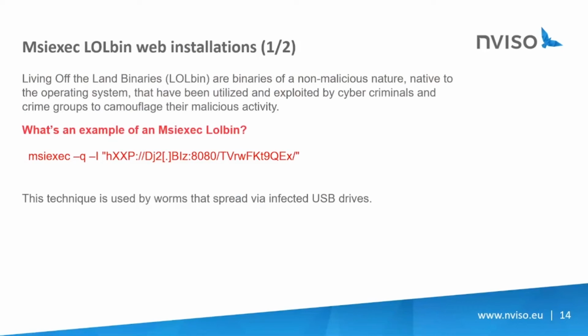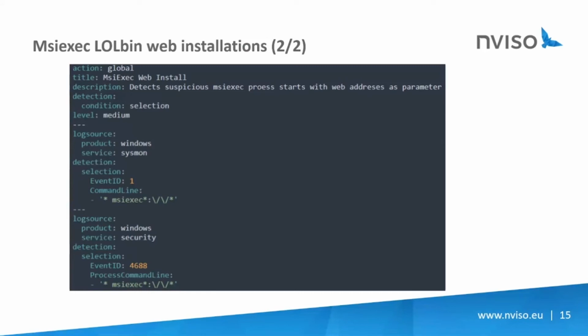So we're gonna take a look at the rule to detect MSI-exec LOLBins. But this is an interesting one, and we're gonna discuss why. So, indeed, once again, we're focusing on the event ID 4688, which, as mentioned before, is for process creation.